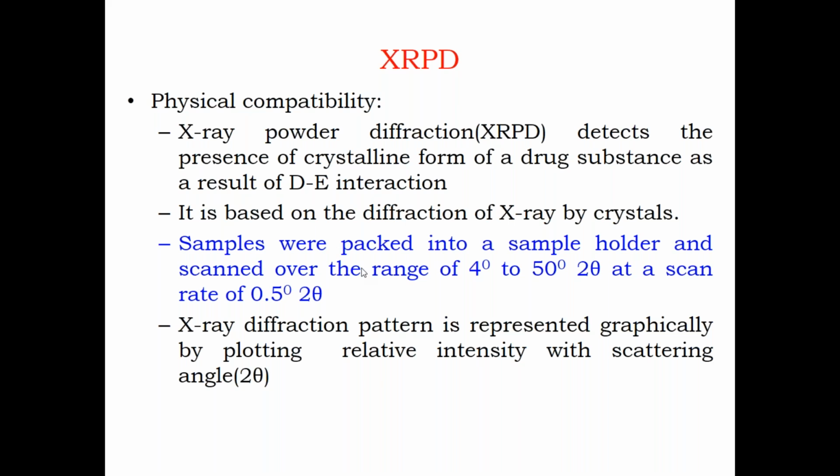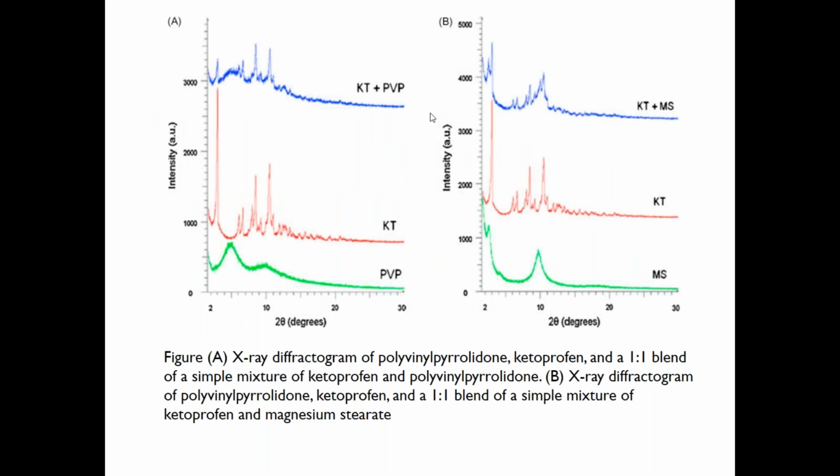It's a different analytical technique. The X-ray diffraction pattern is represented graphically by plotting relative intensity against the scattering angle. So 4 degrees, 50 degrees, whatever numbers you are seeing there, it's not the temperature, it is the angle.